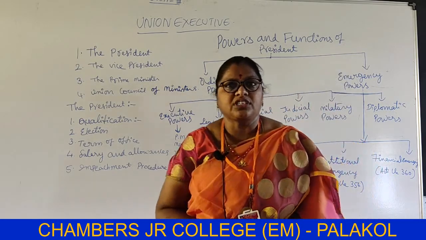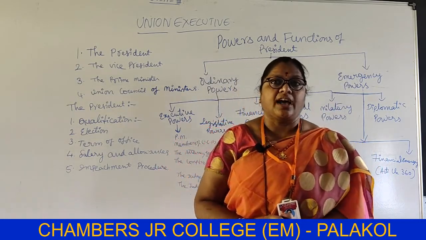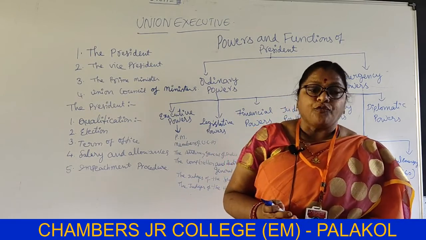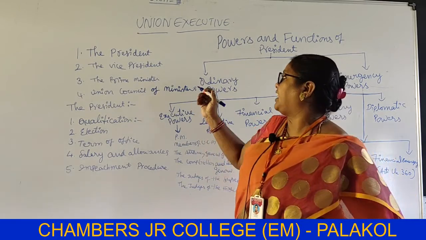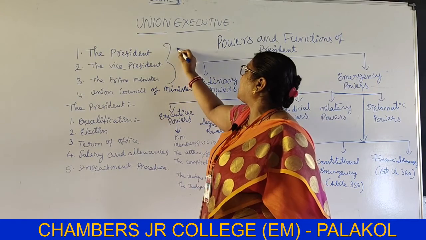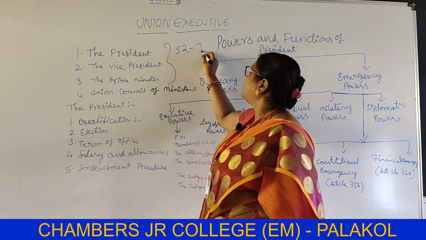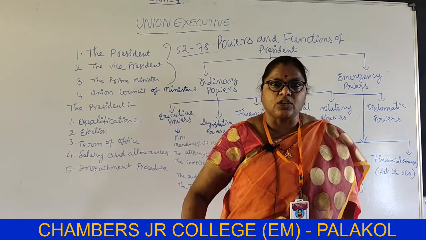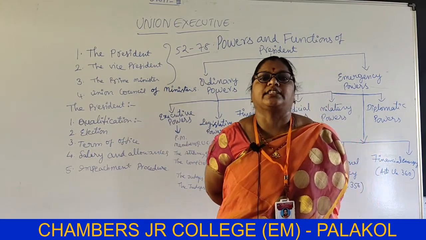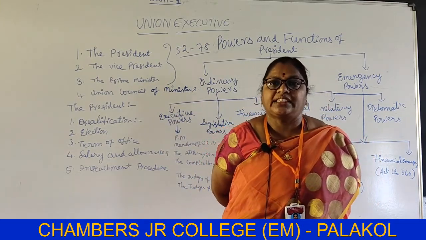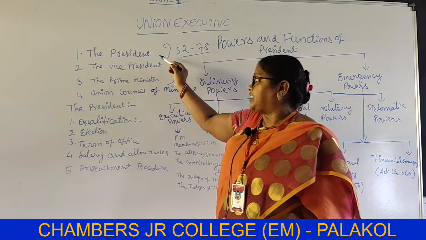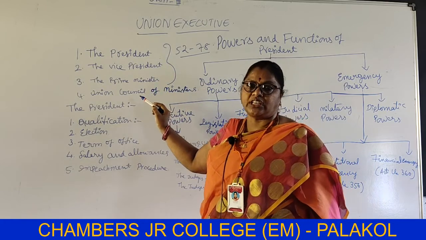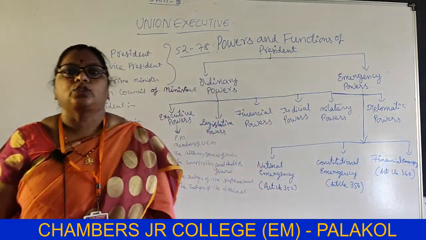This composition and structure of functions of the executive is laid down in Articles 52 to 78, which discuss the functions of the union executive. Once again, who are they? President, vice president, prime minister, union council of ministers.